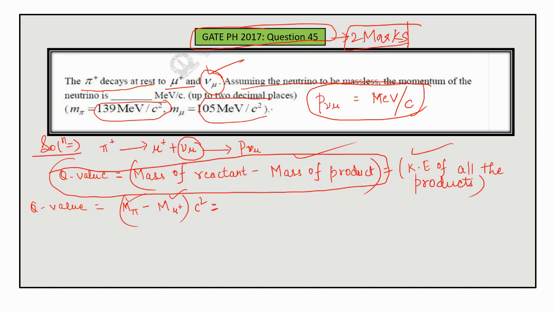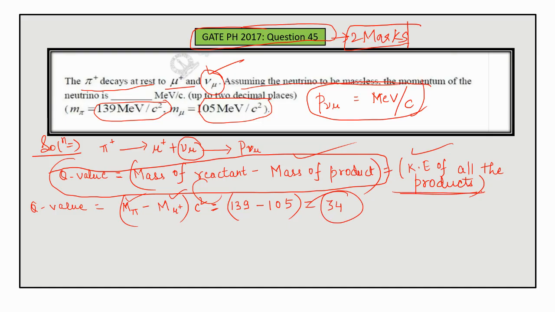It will be 139, because the unit is MeV by c square, so c square will cancel. So we just need to subtract 105 from 139. You have to be very careful with the units here. So it will give 34. Now I got Q value is 34.